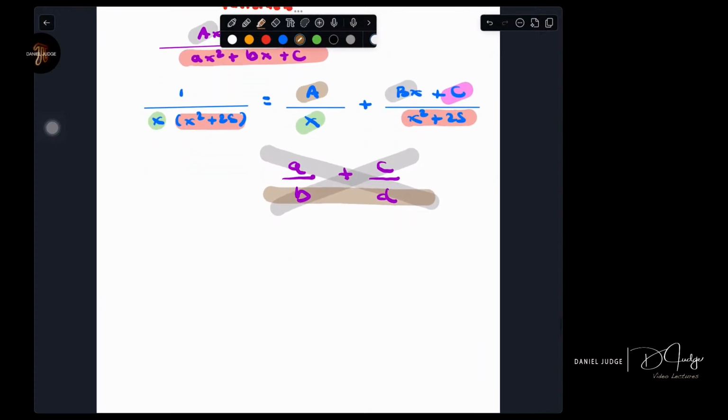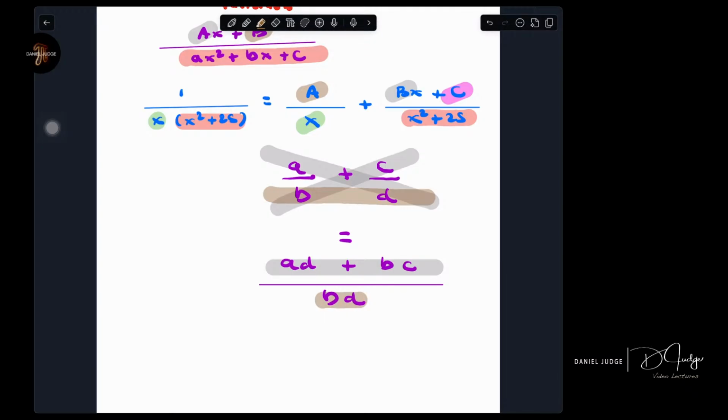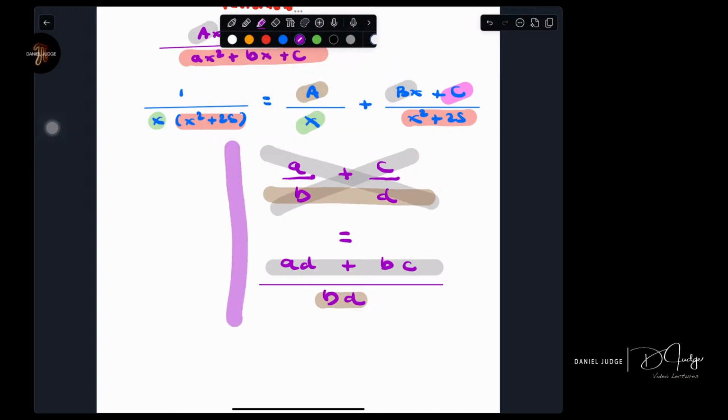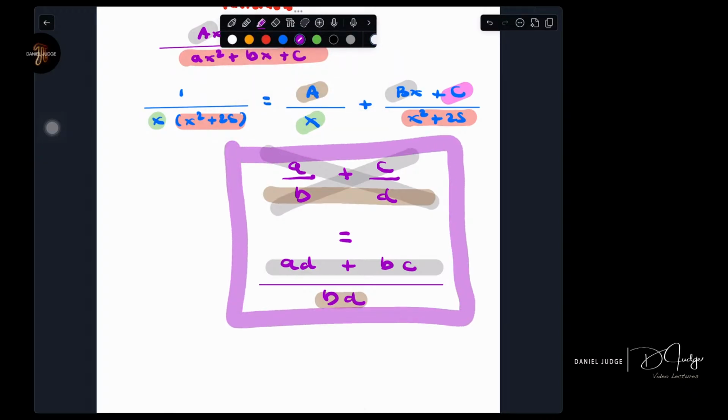So we end up with AD plus BC over BD. So multiply diagonally across and then horizontally across for your new denominator, and here we go. So we have this algorithm for the arithmetic.